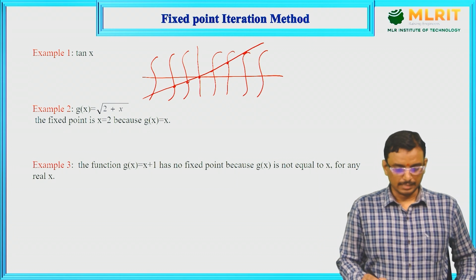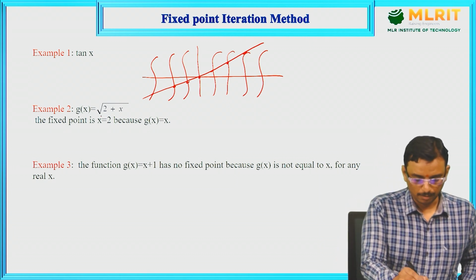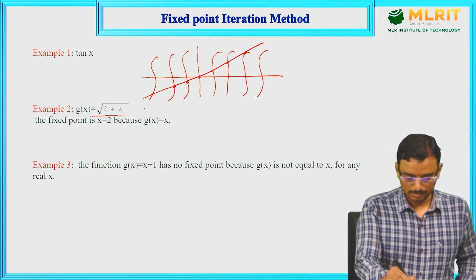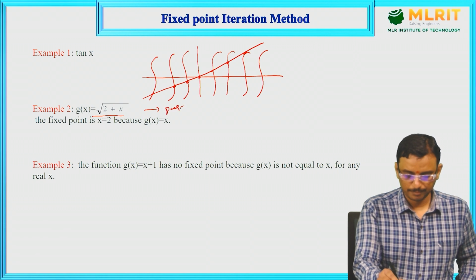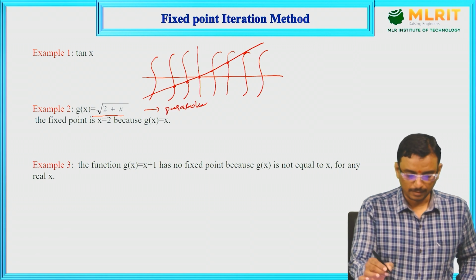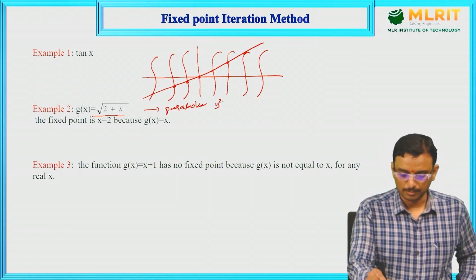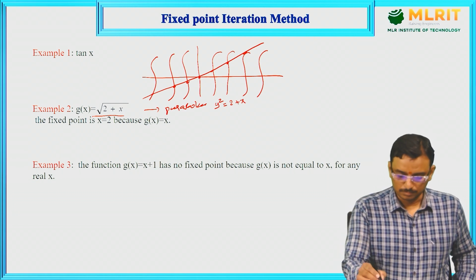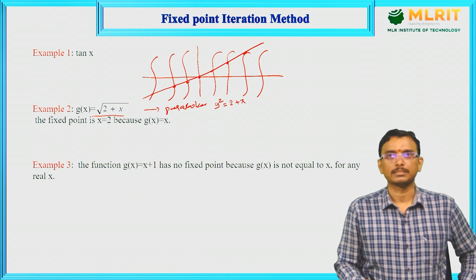Now the second example, g(x) = root of (2 + x). This is a parabola, and squaring on both sides we can write y squared = 2 + x.